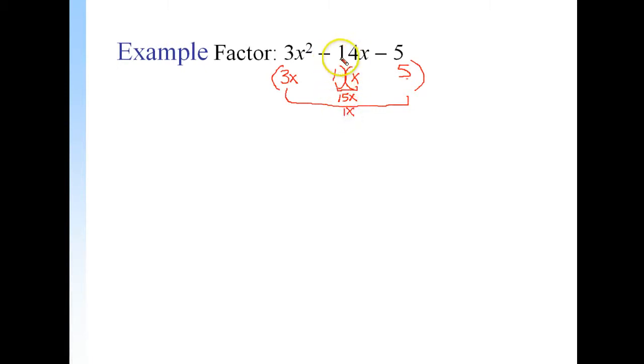And I want my middle term to be a negative 14. Well, in order for that to happen, this would have to be a negative, and this would have to be a plus. So, what is my sign then to get a negative 15 for my outers? Well, a negative 5 there. And to get a positive 1 for my inners, I put the plus there. And now I foil it, and it checks.